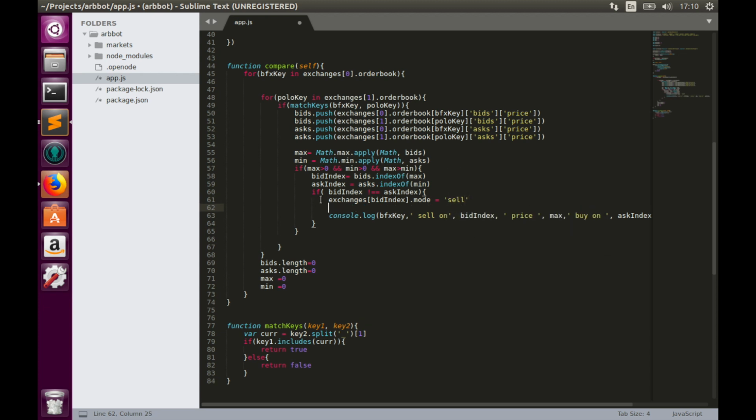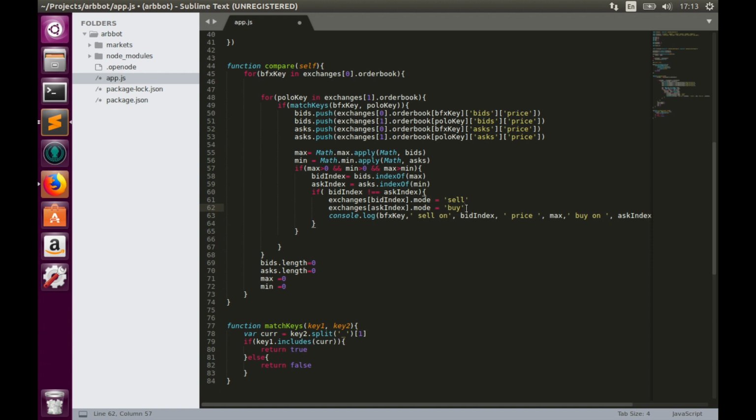And similarly for buy mode, we can copy this part, paste it below and change bid index to ask index and buy. So for instance, if we are selling on Bitfinex, bid index is equal to 0, and we are buying on Poloniex, ask index will be equal to 1, and vice versa.